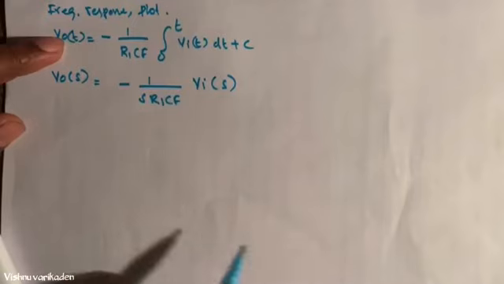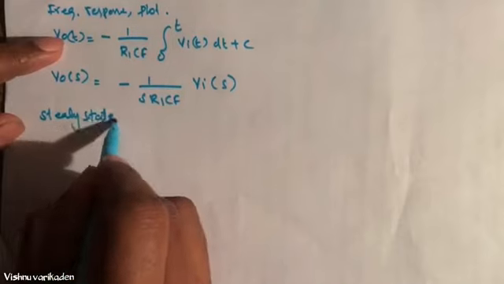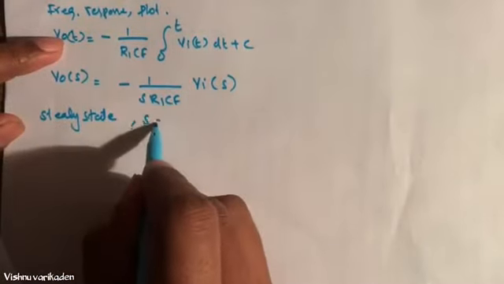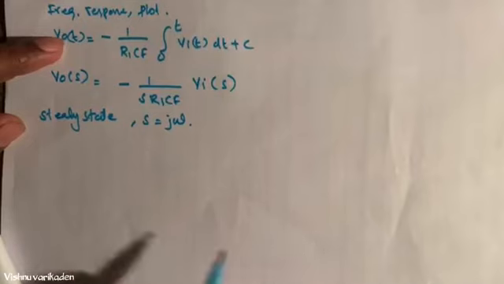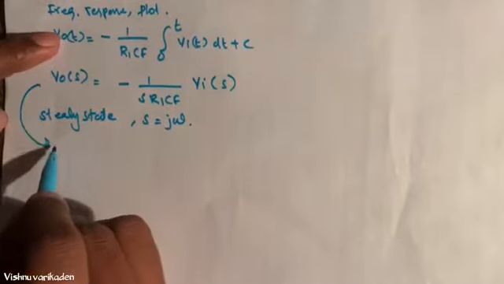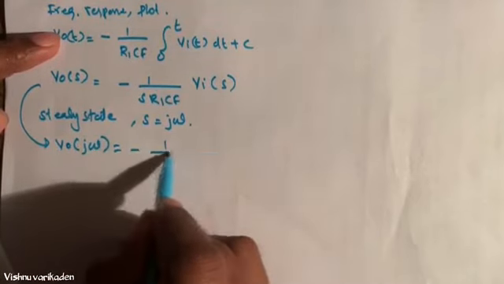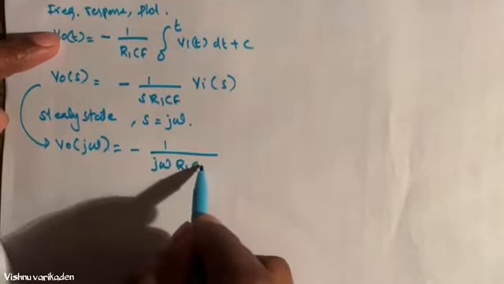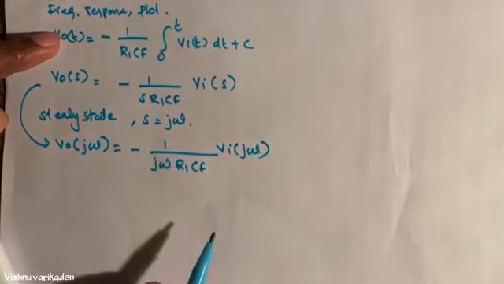In the case of steady state, S denotes j omega. So the equation becomes V out of j omega is equal to minus 1 by j omega R1 CF into Vi of j omega.